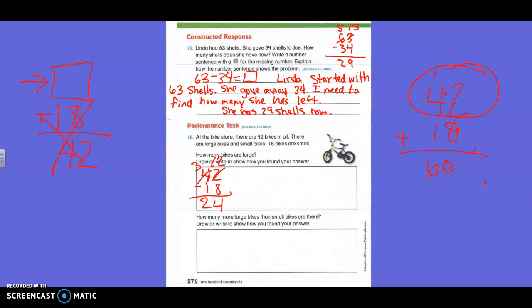So how many bikes are big, guys? 24. Yes, 24 bikes. We're going to say big bikes. Okay, 24 big bikes. Now we have another problem. I'll let you guys write 24 big bikes real quick.